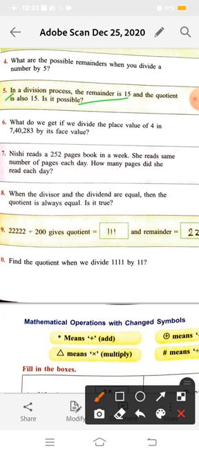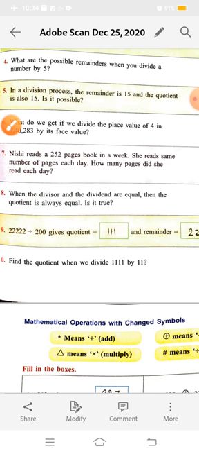It is possible or not? So it is possible. How? See here, when we divide 15,015 by 1000, then we will get 15 quotient and 15 remainder.